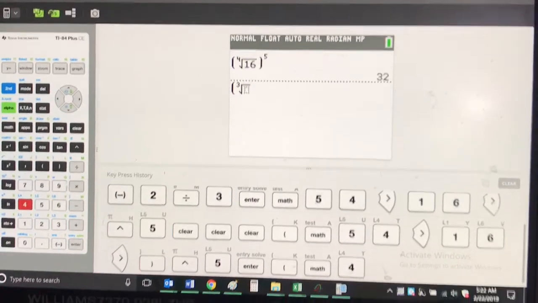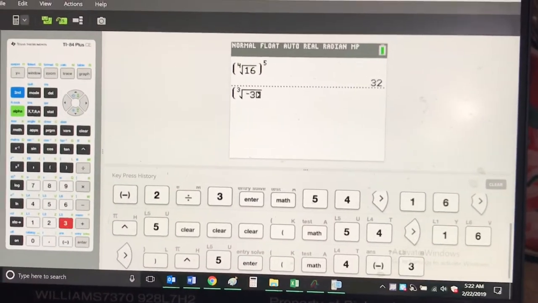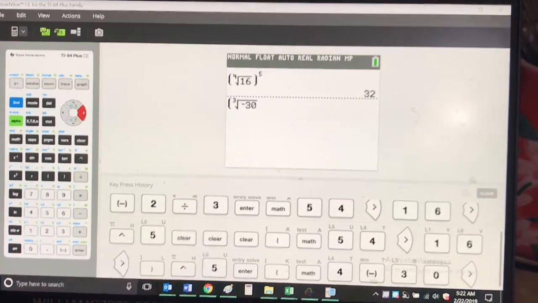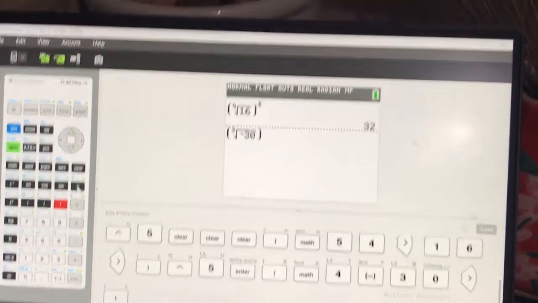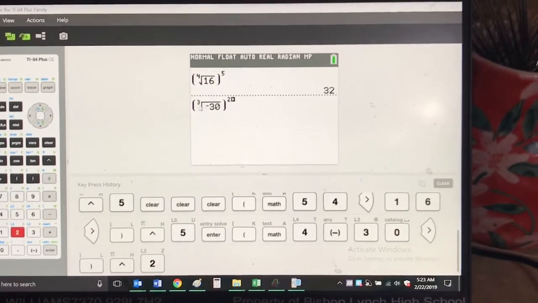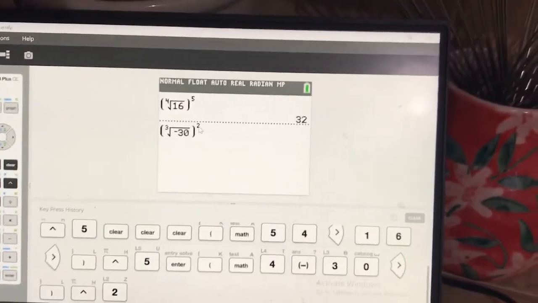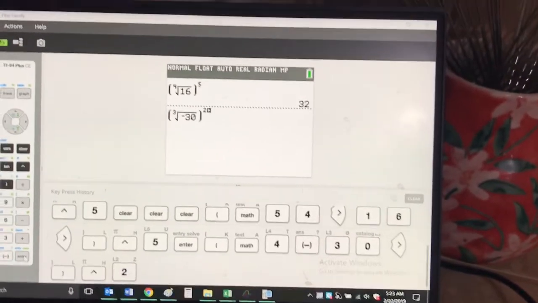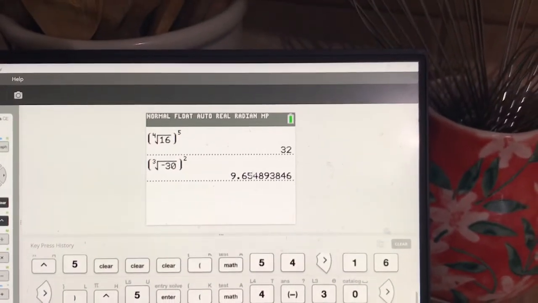So the cube root of negative 30, come outside of the radical, close your parentheses, and then we're going to square it. So we know this number is going to be positive because anything squared should be positive. So it's about 9.65.